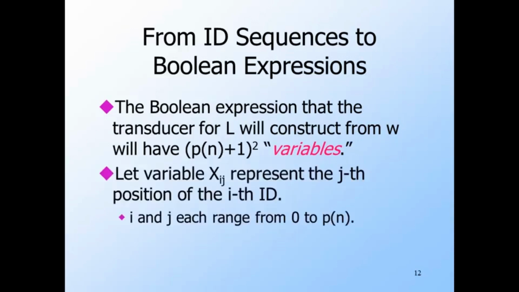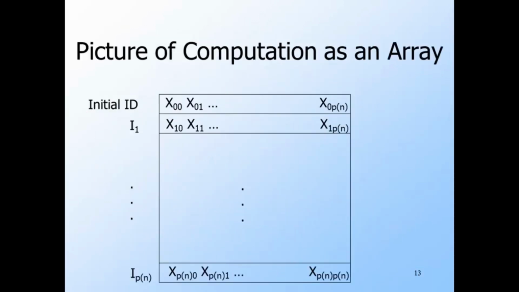That is, the variable we'll call x_ij represents the jth position of the ith ID. Thus, i and j are each in the range 0 through P of n inclusive. Think of the variables arranged in an array. The rows represent successive IDs, and the columns represent positions in those IDs.